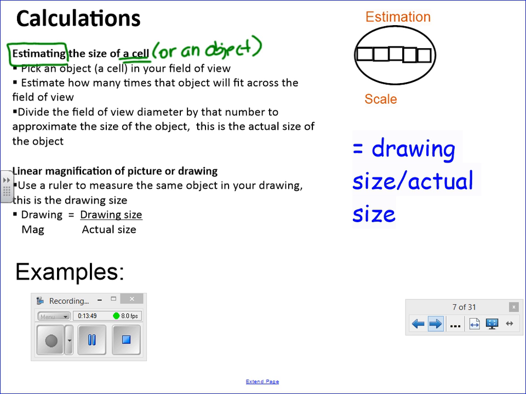So the instructions for estimating the size of a cell say, pick an object, in most cases a cell, that is in your field of view. So I'm going to imagine that I picked that cell, the first one that I colored.